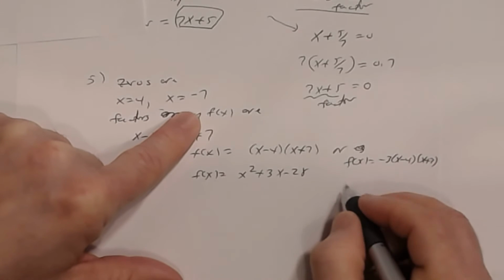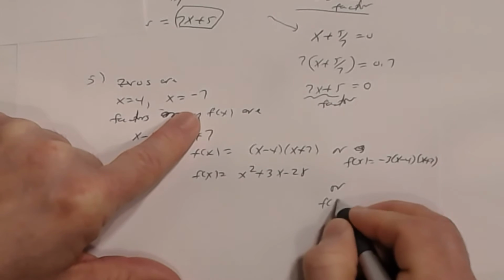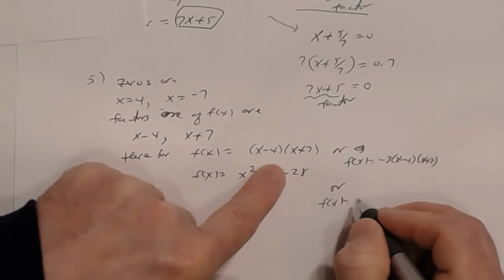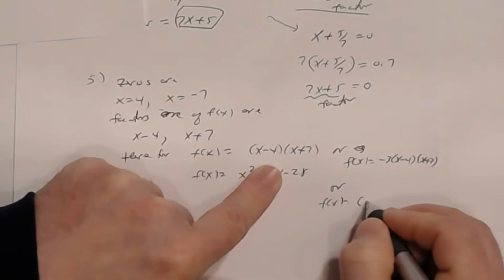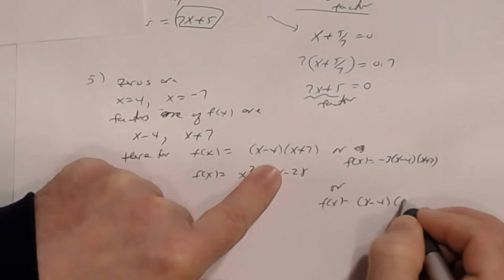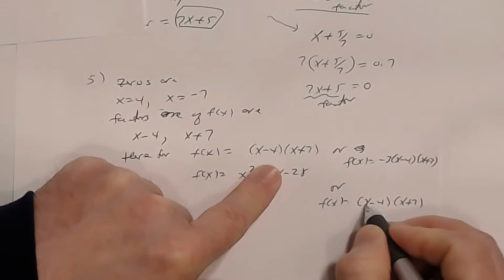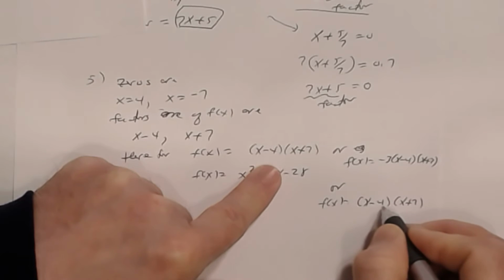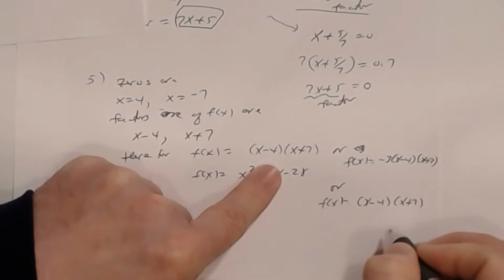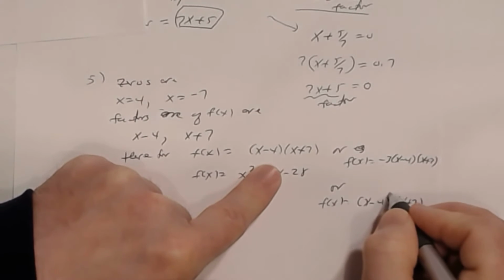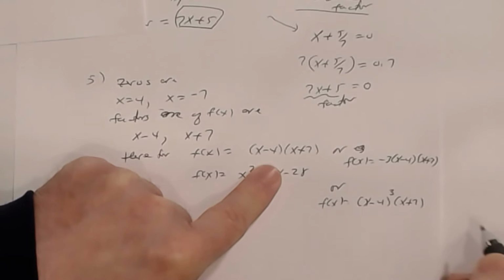Now, I want to say this. Using just those two zeros, someone else could have said, well, I'm going to say this. See how I have the exponent as x minus 4 to the first, x plus 7 to the first? Someone else could have said x minus 4 to the third power. That is true.